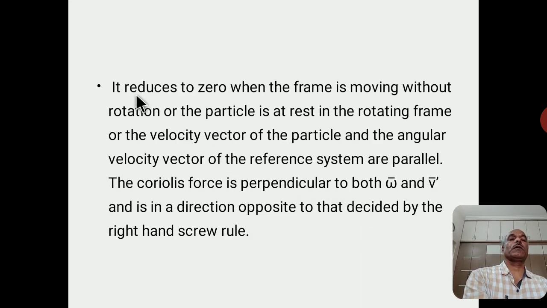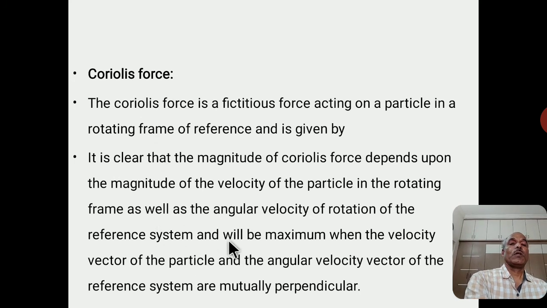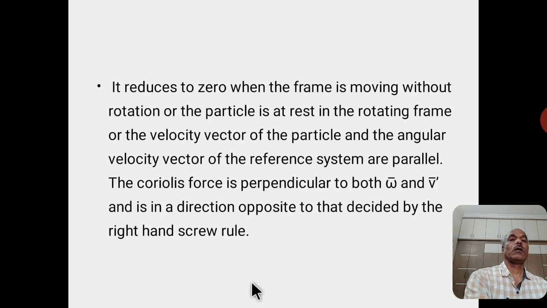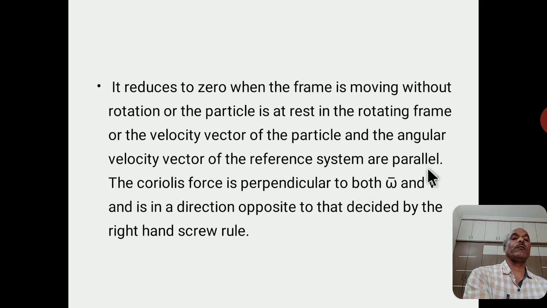And the Coriolis force is maximum when the velocity vector of the particle and the angular velocity vector of the reference system are mutually perpendicular. And it reduces to zero when the frame is moving without rotation, or the particle is at rest in the rotating frame, or the velocity vector of the particle and angular velocity vector of the reference system are parallel. The direction of the Coriolis force is perpendicular to both ω and v'.